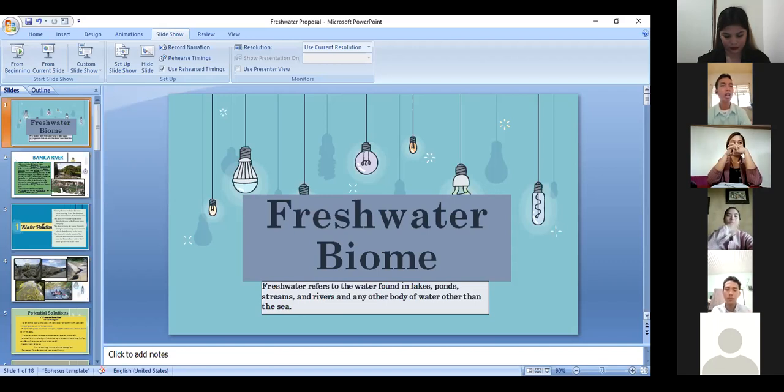So in the Banica River, poultry is one of the livestock that contributes to the economic system in Dumaguete City.